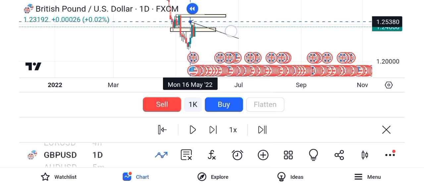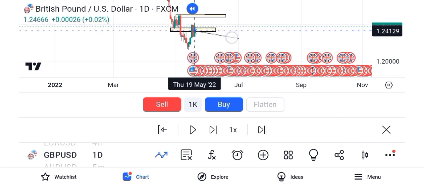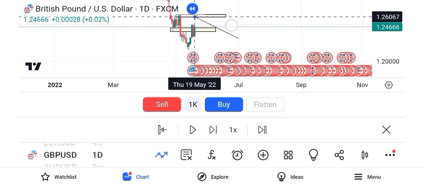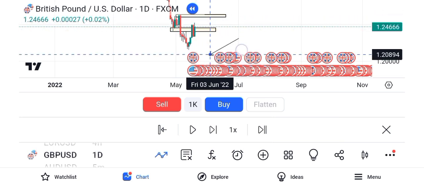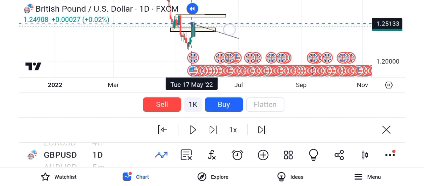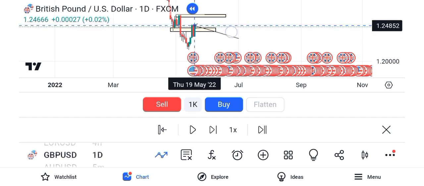So it was in between them. What you want to see is that the market touches it, then moves forward. It shouldn't just stay in between them. It must touch it, then move, right? If it stays in between, then we are not going to trade in the market.